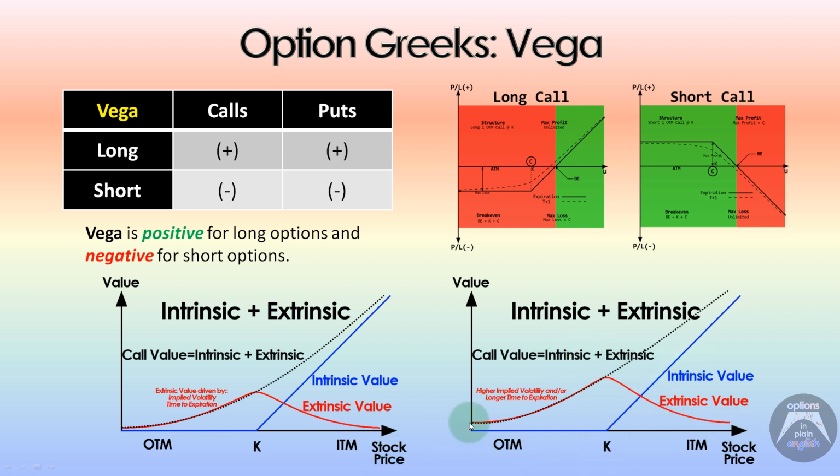This is going to make this dotted line, which represents the value of the option, in this case a call, further away from the intrinsic value, because the extrinsic value is higher at every point. This is what we mean when we say that for both calls and puts, a higher implied volatility is going to bring more extrinsic value to the option, and this is what's going to drive the option price, or the option premium, higher.